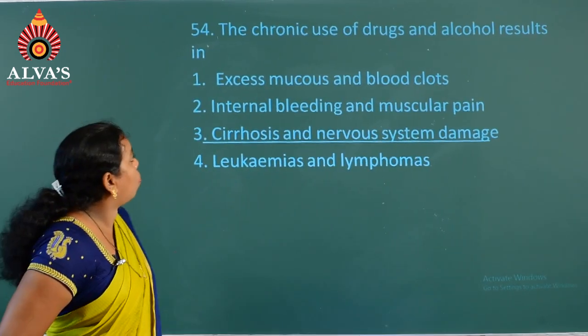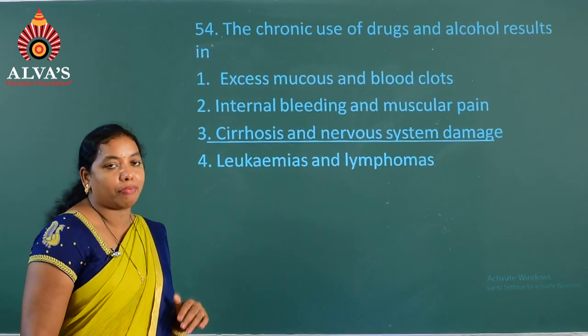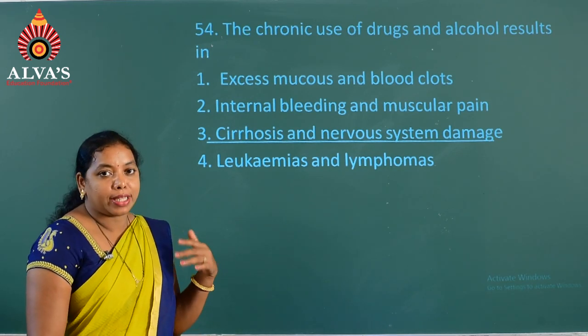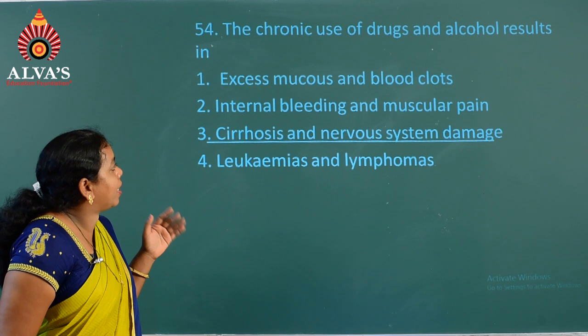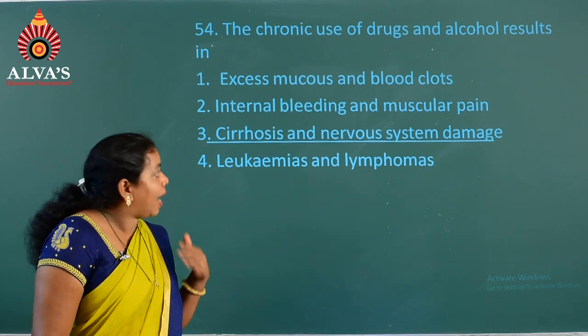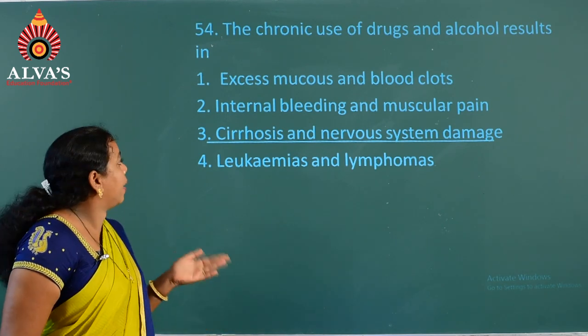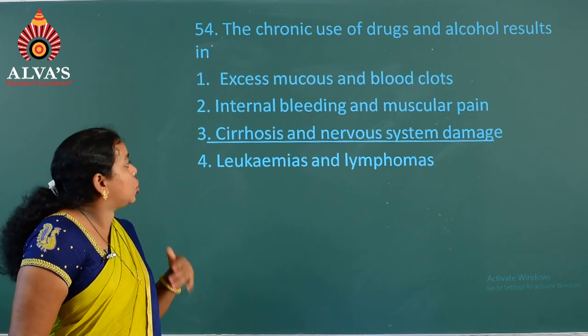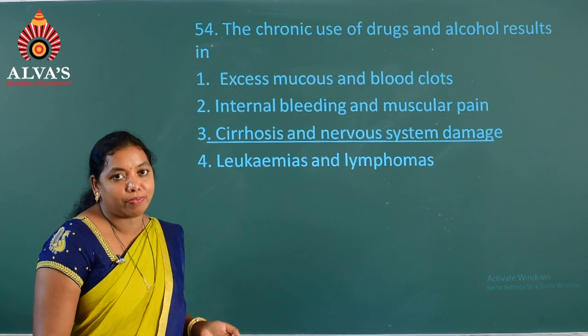Question number 54, the chronic use of drugs and alcohol results in, chronic in the sense long term use. The first one, excess mucus and blood clots. Second, internal bleeding and muscular pain. Third one, cirrhosis and nervous system damage.